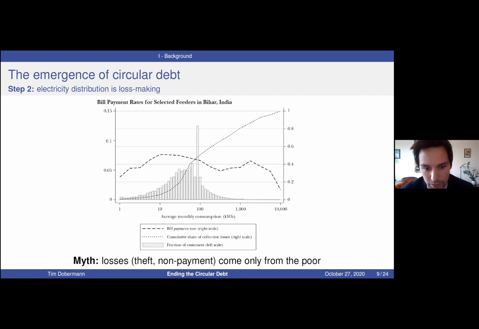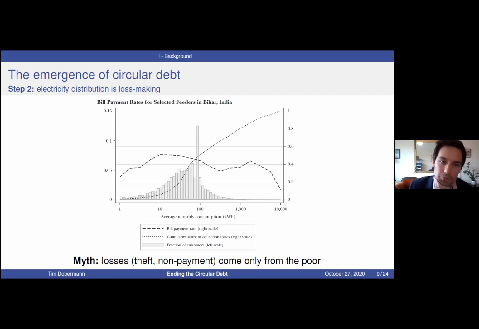Theft and non-payment, and this is applicable to a variety of contexts, also apply to the relatively richer class of consumers. The notion that it's only those in the bottom end of the distribution who don't pay their bills, and that's where the source of the debt comes from, is not correct.